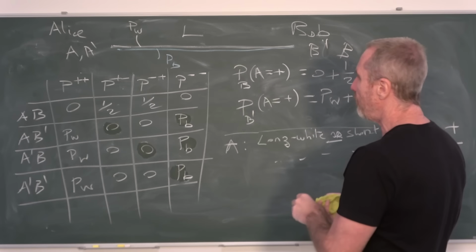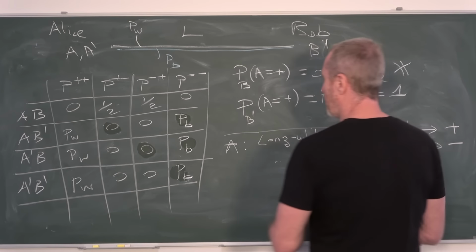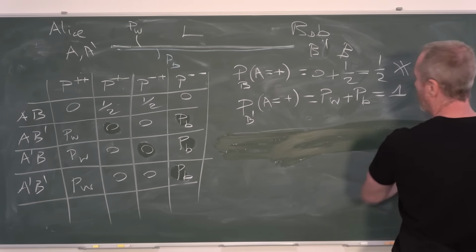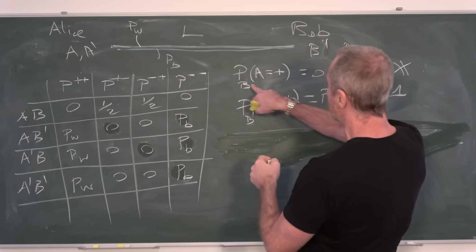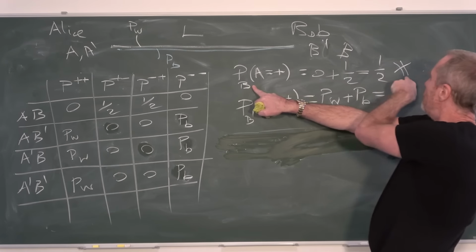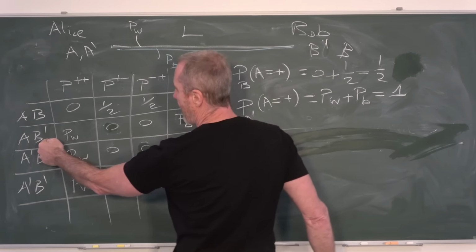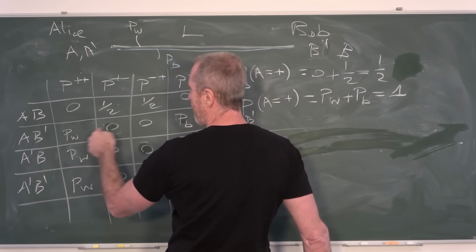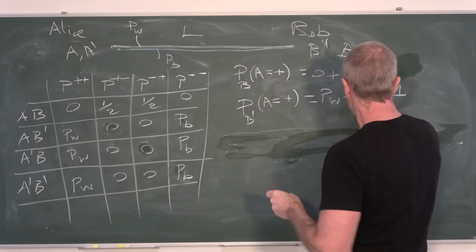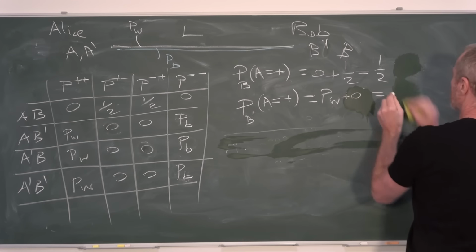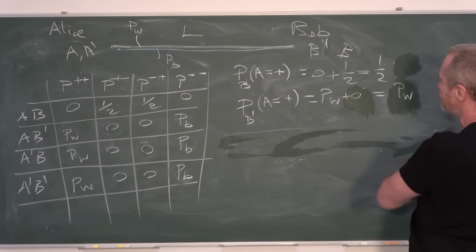And now you see with this different table that, for this marginal, it will be the same thing, 1/2. But for this marginal now, instead of that, I have this plus 0, and this is P white.